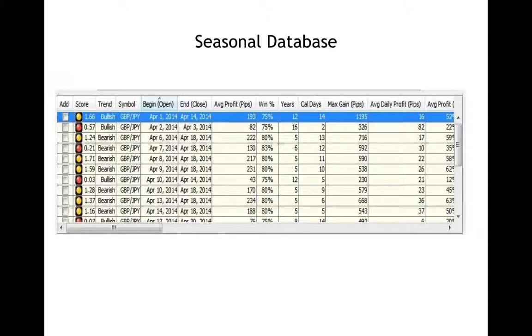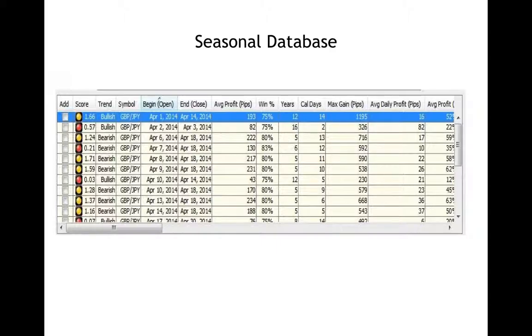So this is the pound yen for April of 2014. As you can see, I can see what it looks like each day, mostly bearish. I can tell the average pip movement, the number of years it's won, and the percent wins. I go for a minimum of 75%.